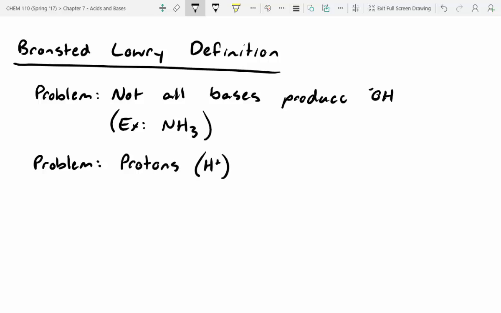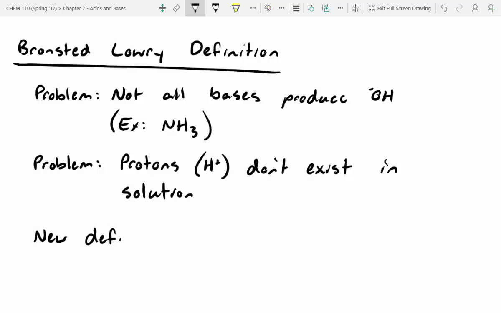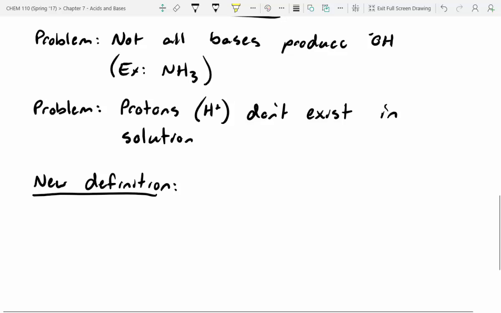So protons, H+, don't exist in solution. So the Arrhenius definition is a little bit flawed. So they had to come up with a new definition. And the new definition is a lot better, but it also makes more sense.